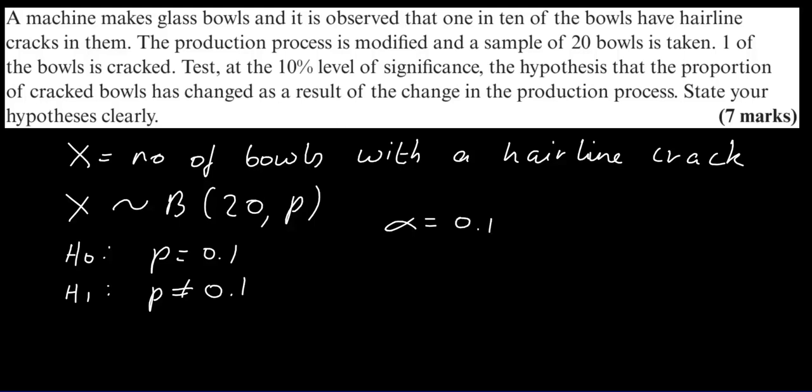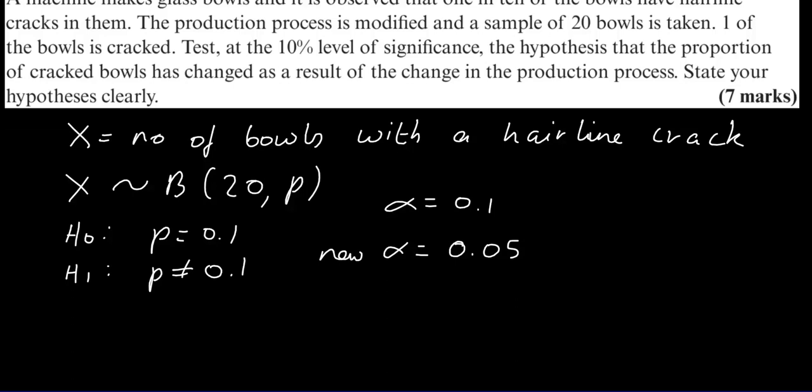Now what you realize is this is a two-tailed hypothesis test because p does not equal 0.1. So actually what we should be comparing to in each tail should be half of this initial significance level given, 0.05. Now we've also been given that the observed number of bowls with a hairline crack in them is 1.